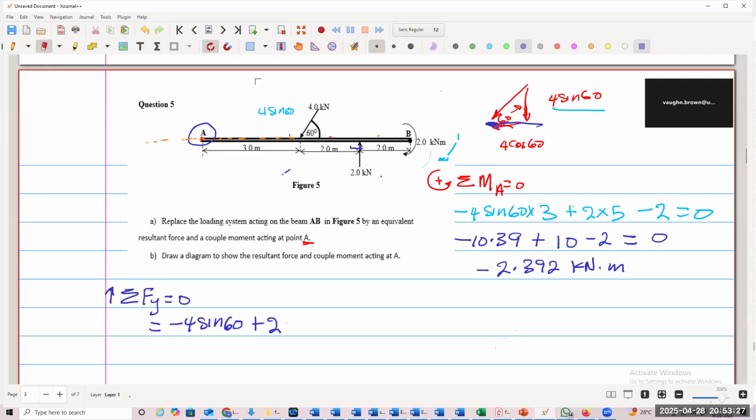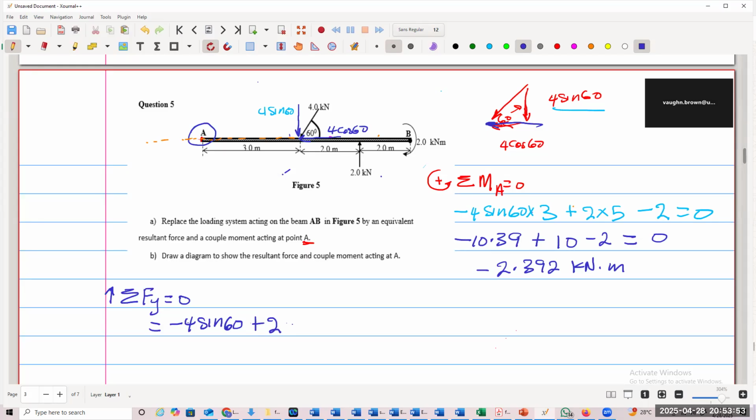We already know the components: in the x, it is 4 cos 60, and in the y, it is coming down, so it is minus 4 sine 60, and then we have one going up here. So those are the components we have.